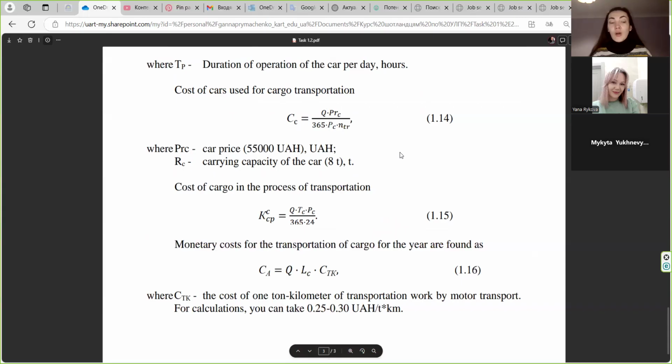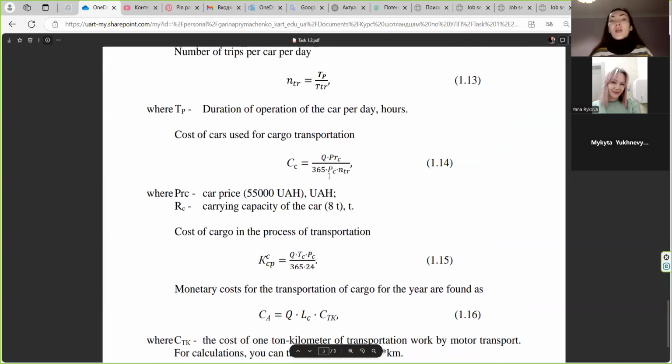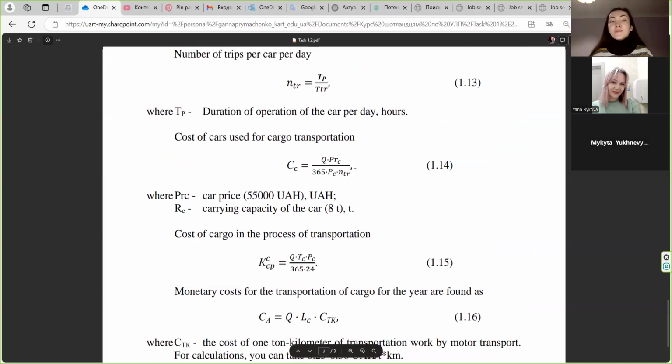And go to our denominator. It is 365 days per year. We write it multiplied by P with index S. We already used these parameters. Now I open our table 1.1.